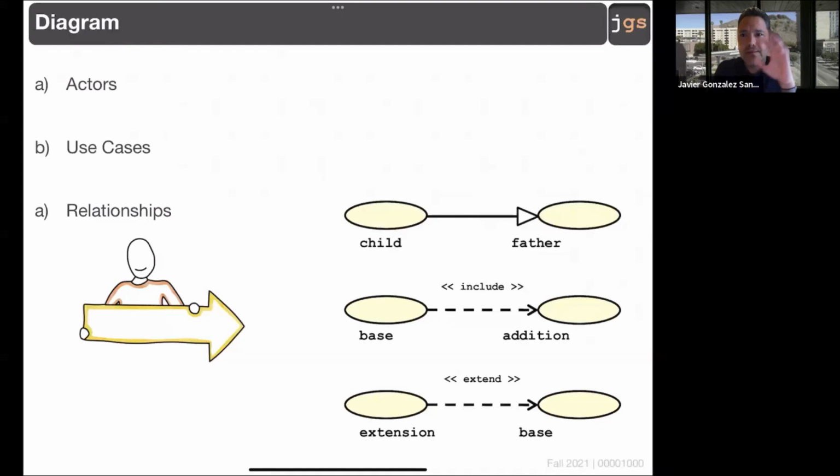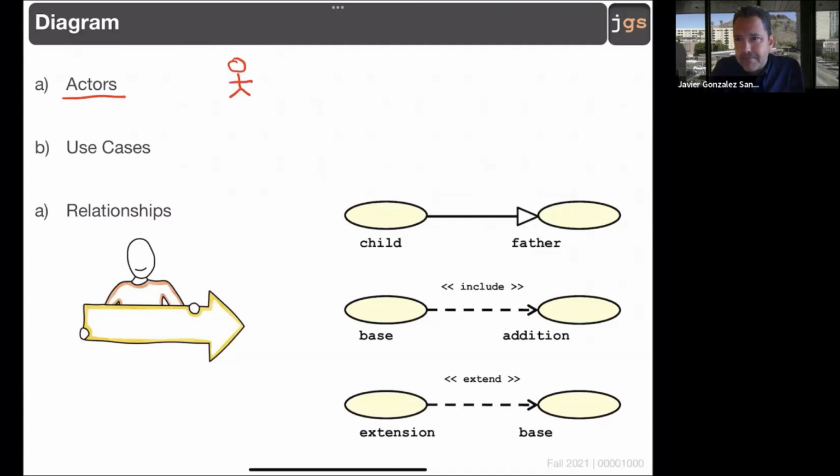The actor could be the user, a particular kind of user, or could be one system, a particular kind of system. Actors are going to be in your diagram. Actors in your diagram, they are going to be represented like this. Remember the guy that I have been using in the whiteboard? That is your actor, and the one that we use for partner, for player, for the ghost, and so on.